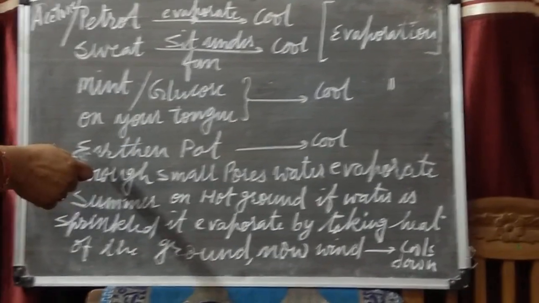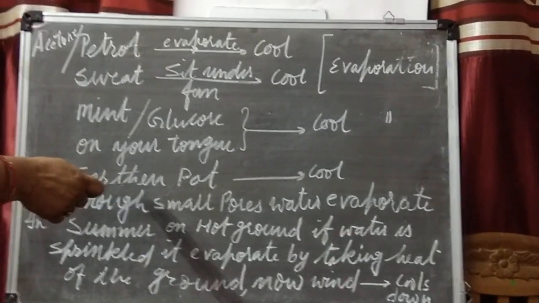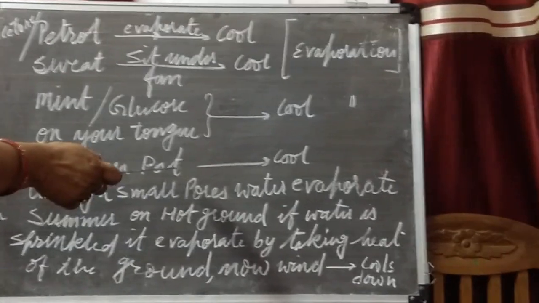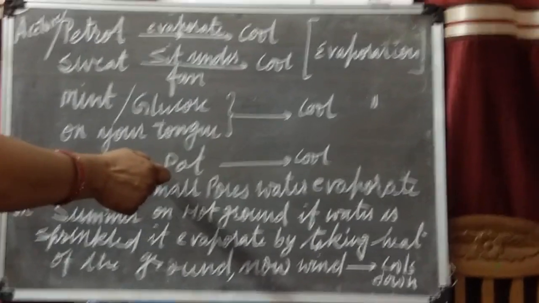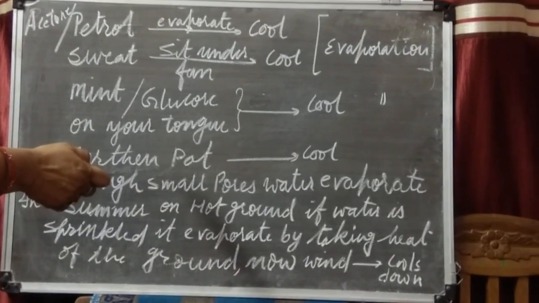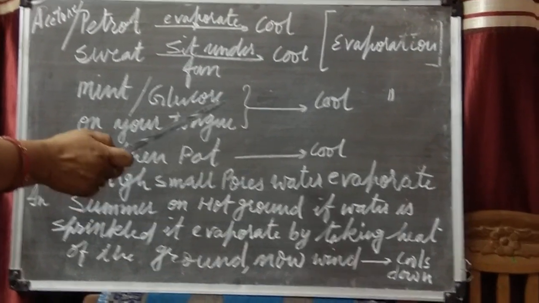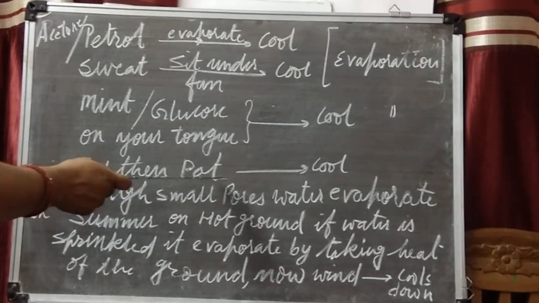Very interesting topic, earthen pot. If you keep water in an earthen pot, it cools down. But it will not get cooled in case of a steel container. Why does water in an earthen pot become cool? Again the answer is evaporation. How is evaporation taking place?